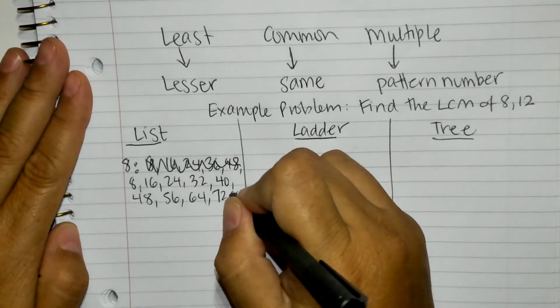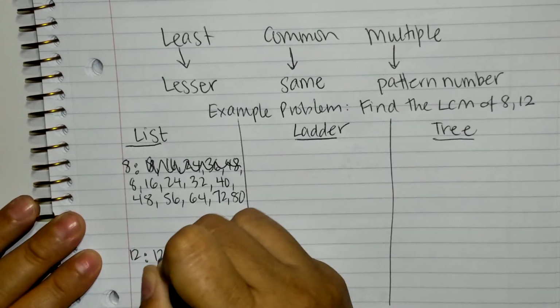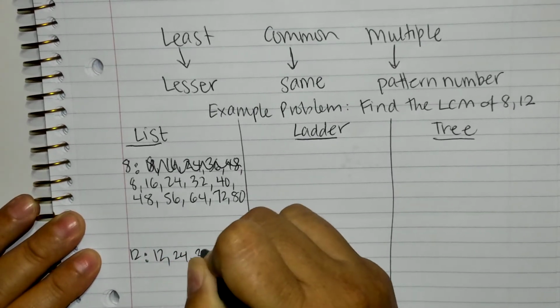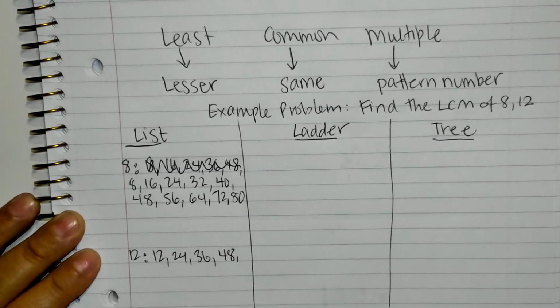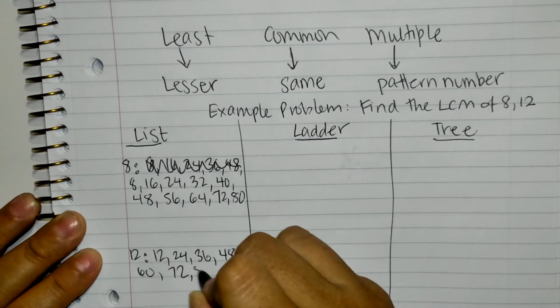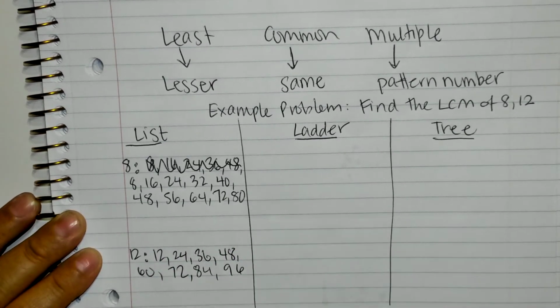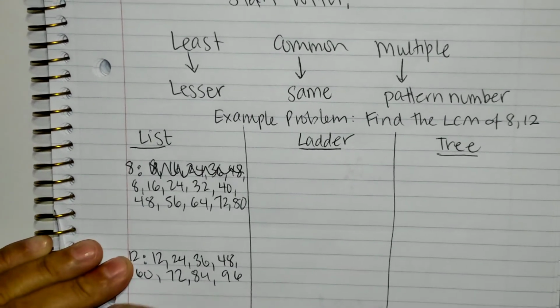And if we don't find it, then we have to keep going. 12, 24, 36, 48, 60, 72, 84, 96.